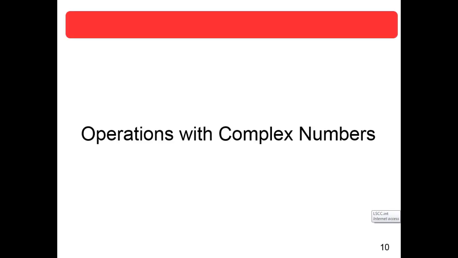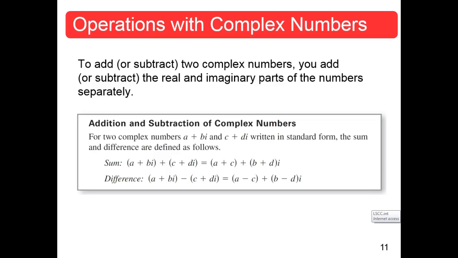So what operations can we do with complex numbers? We can add or subtract them. Okay? In order to add or subtract complex numbers, you add the real parts or subtract the real parts, and you add the imaginary parts or subtract them separately because they're different kinds of terms. It's just like terms, right? Think of A as the real term and Bi as the imaginary term.